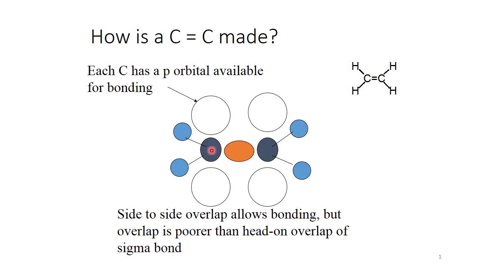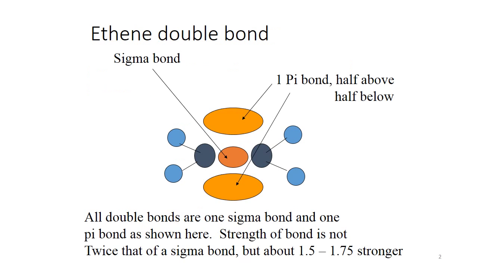So you have nuclei being attracted to electrons up here, and nuclei attracted to electrons down there. And so what you see is that the bond is not direct, and as a result we have a weaker bond called a pi bond.